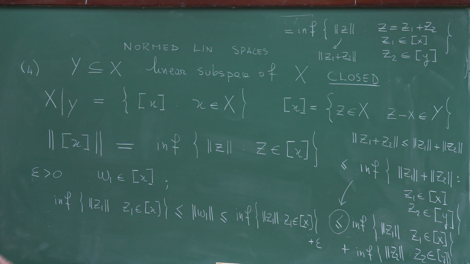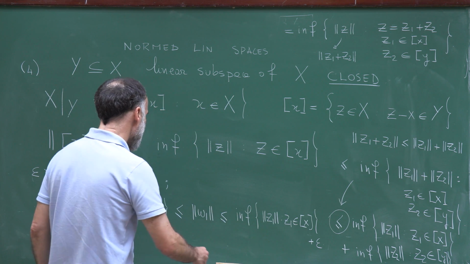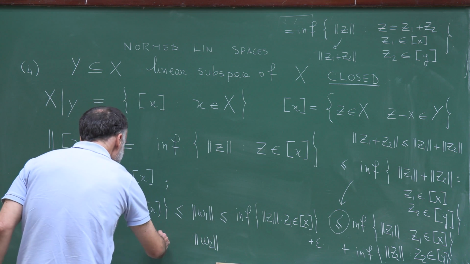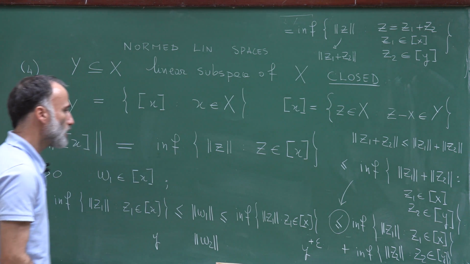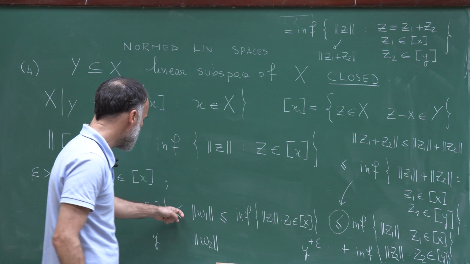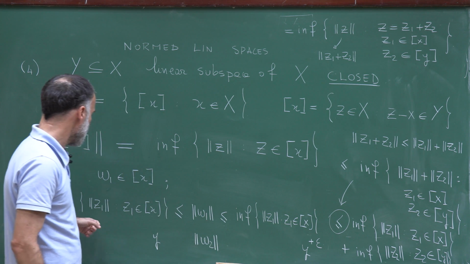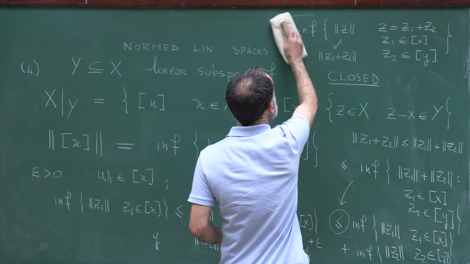And in the same way, I can find a W2 in the equivalence class of Y, for which the norm of W2 almost attains the infimum. So I have these W1 and W2 satisfying the inequality on the right-hand side. Of course, it also satisfies the inequality on the left-hand side, but I won't need that.